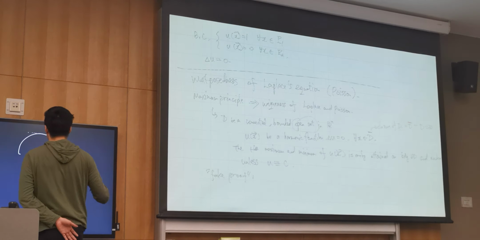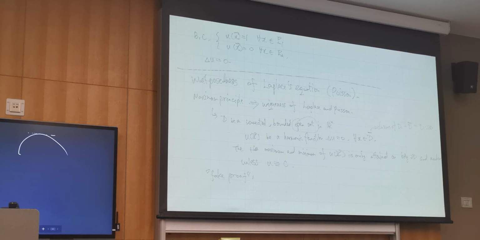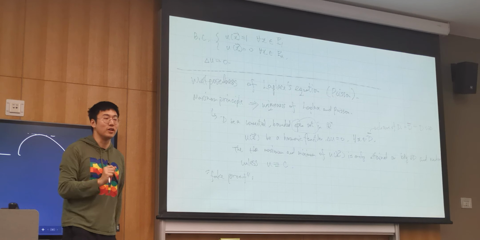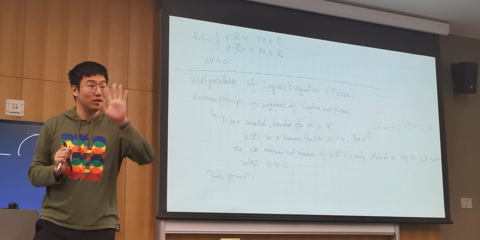Can I have something like this? Assuming this is a straight line, then the maximum is all over here, and the second order derivative is zero. It's not strictly negative. So this is not true.